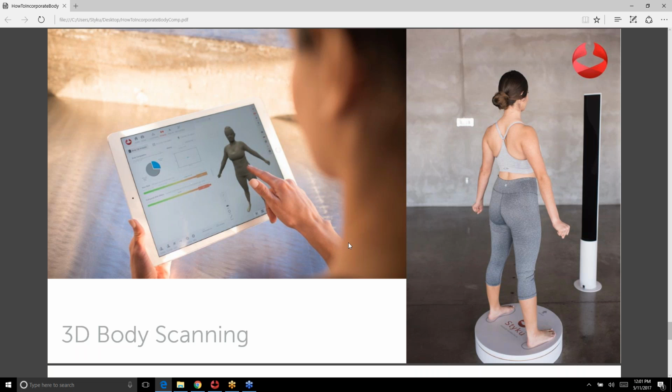And then once we've got a 3D model of your body, we can use a digital tape to actually take circumference measurements. So Styku is a 3D body scanning provider. I'll show you a little bit about our software in a second here, but just generally all systems out there will use the 3D model to either calculate body fat via the body density, because now they can measure body volume, or via circumference measurements.